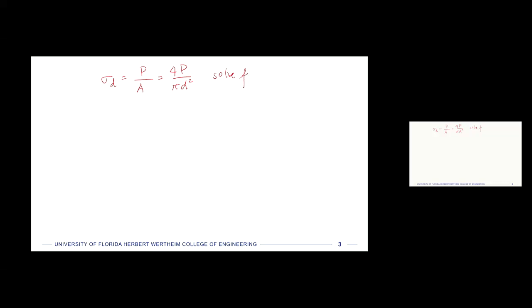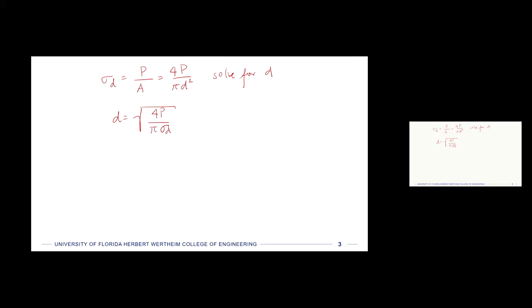Solve for d. So d is equal to the square root of 4P divided by pi times our design stress. Just check that. Yes, 4P. Take the square root.